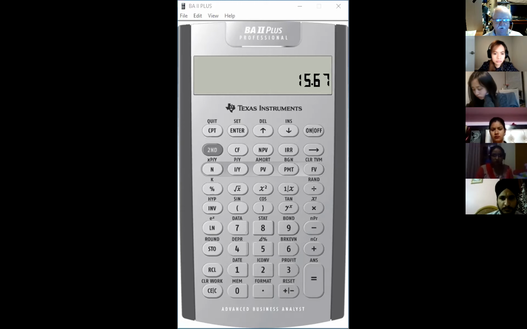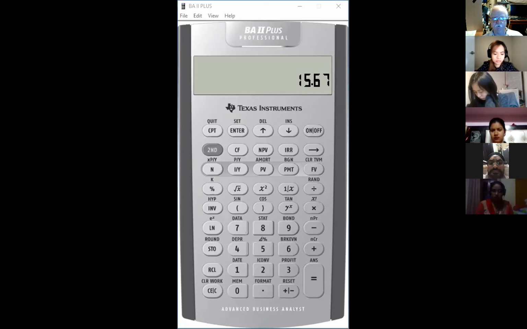I want to go decimal equal 9. And then I've got to go enter. So now it says decimals equals 9. And I can clear that. So now when I go say 2 divided by 7, it's going to show me 9 decimals.